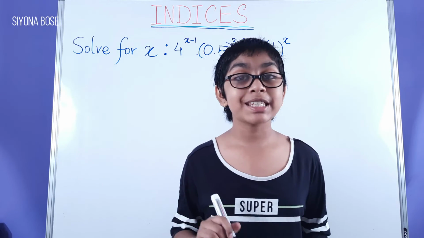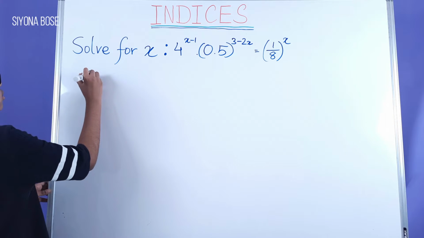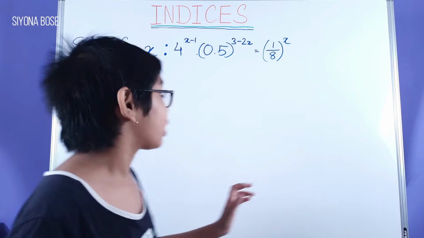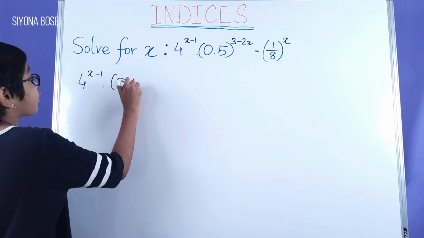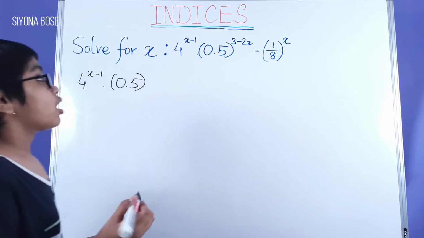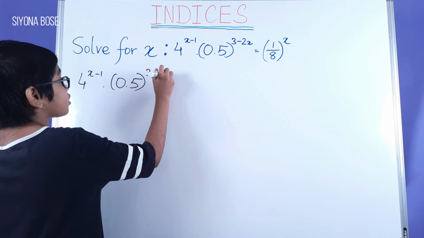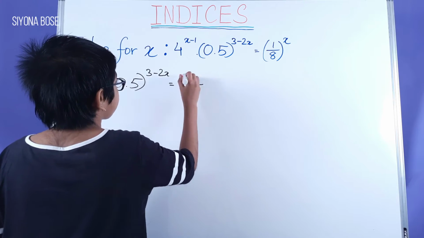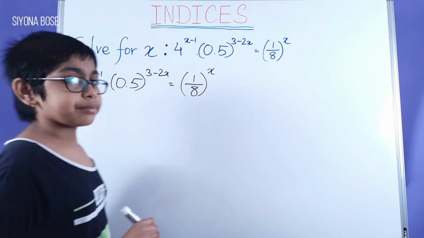Firstly, we have to copy down this equation: 4^(x-1) into 0.5^(3-2x) equal to (1/8)^x.